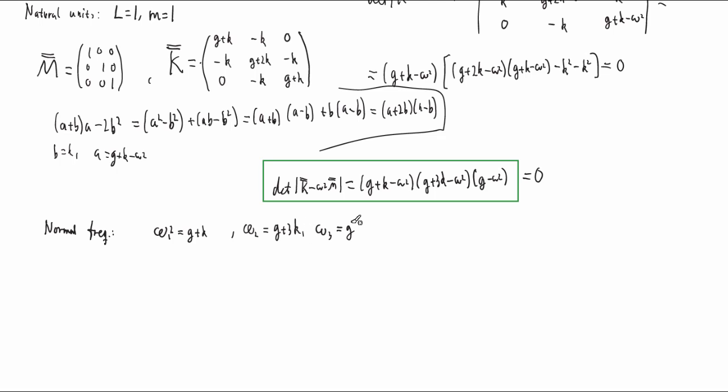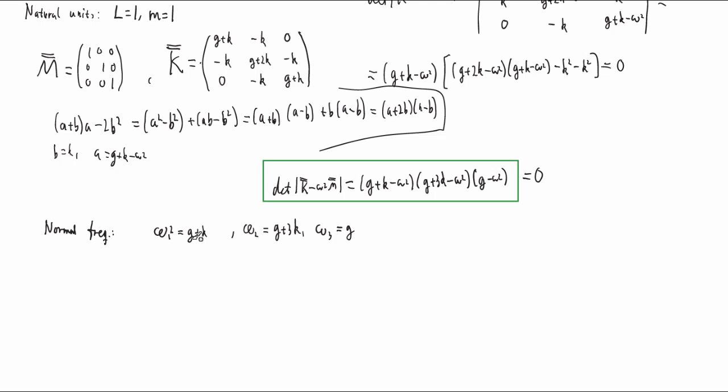Now, of course, G plus K, they don't have the units of frequency, or frequency squared. But that's because we picked these natural units. So in order to turn these into frequencies, or squared frequencies on either side, we just multiply by the appropriate factors of L and M to recover fully dimensional forms.